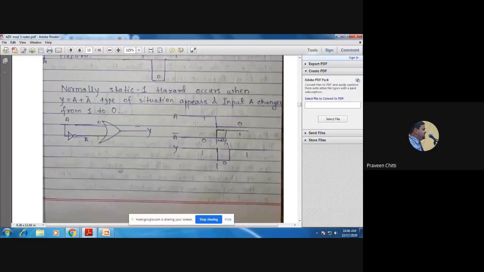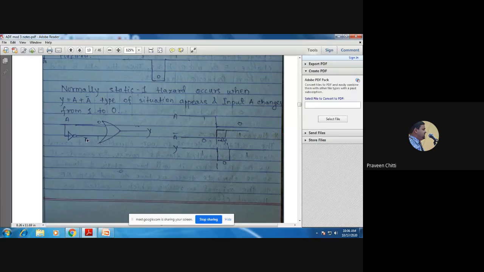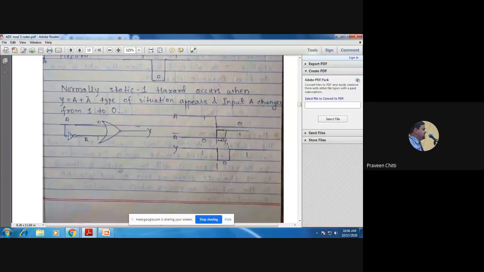When A changes from 1 to 0, 0 is applied directly to the OR gate. But A bar should change from 0 to 1. Will A bar change instantaneously, the moment A changes to 0? No. Why? Because of the propagation delay of this NOT gate.